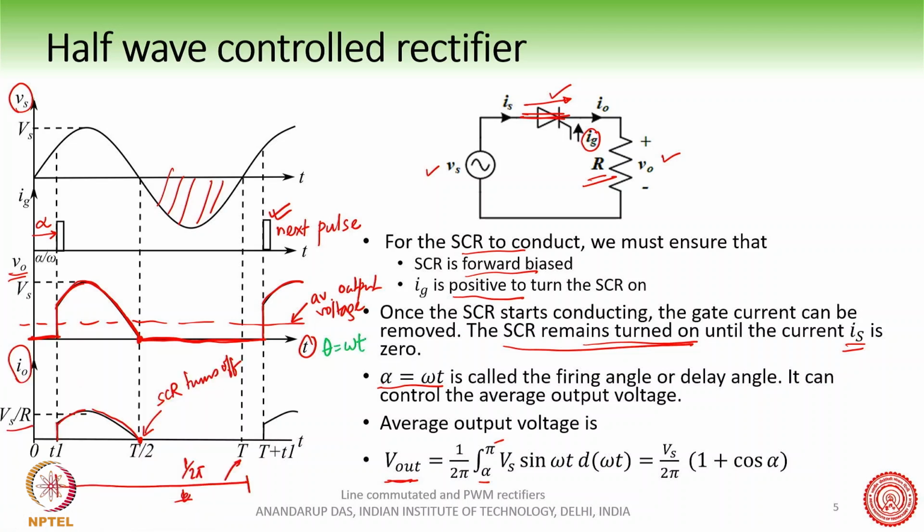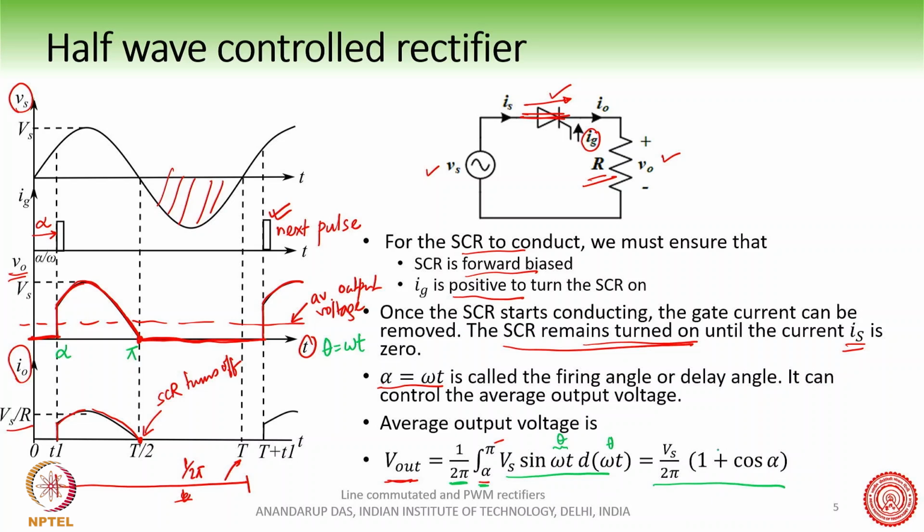We make theta equal to omega T. Then this angle will become alpha and this angle will become pi, instead of using T. So that's what we have used here: 1 by 2 pi, alpha to pi, Vs sine omega T, d of omega T, or you can also say Vs sine theta and d of theta. This value will come out to be Vs by 2 pi times 1 plus cos alpha.